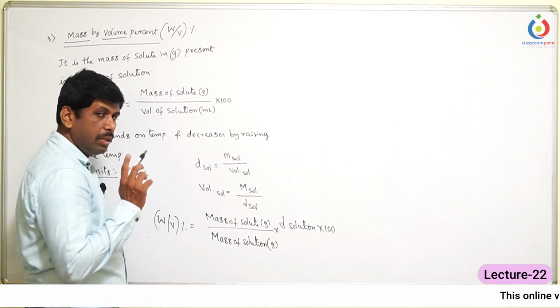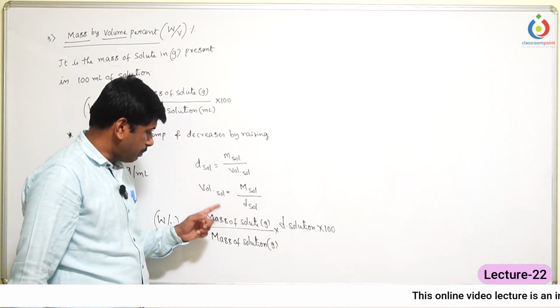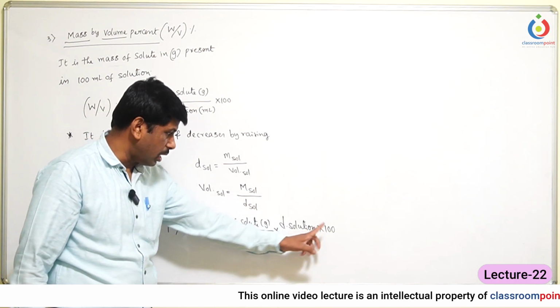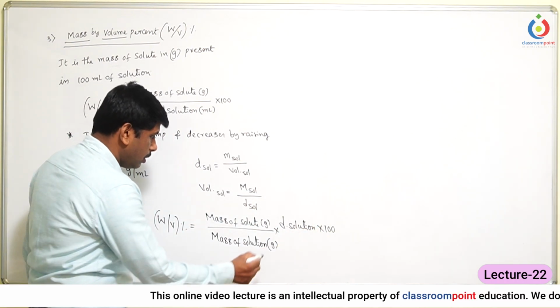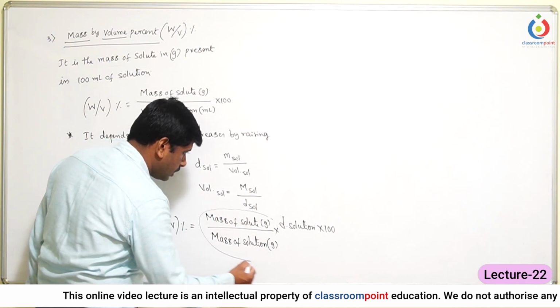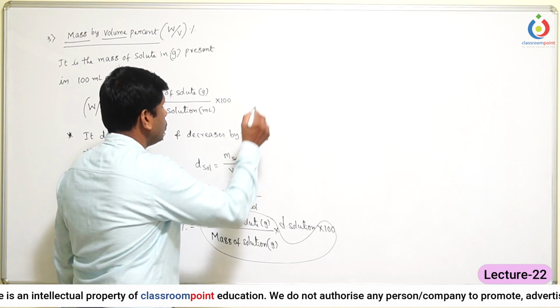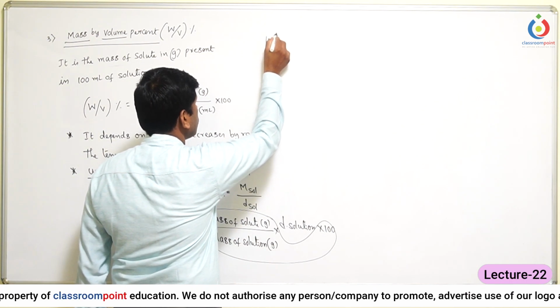And we also discussed in the previous session that mass of solute by mass of the solution into 100 is called the mass percentage. So this entire term we can replace by the mass percentage.